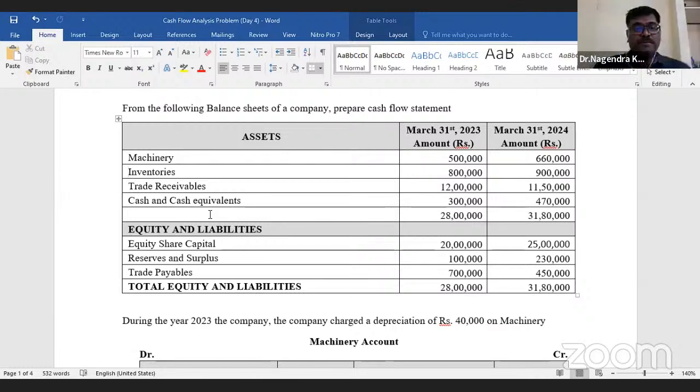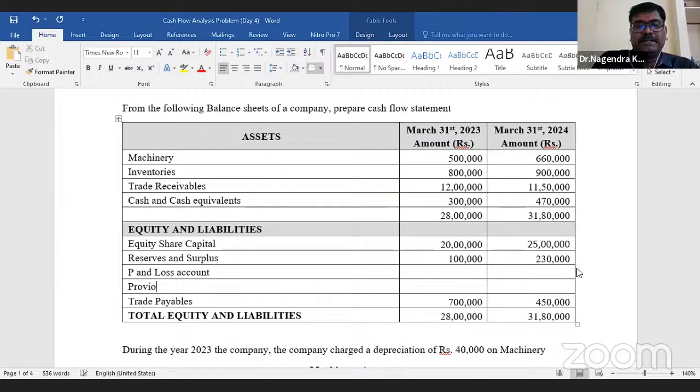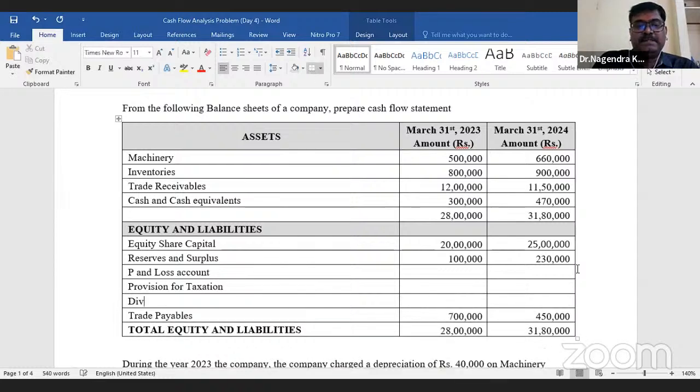If it were given, say for example, the profit and loss account balance, provision for depreciation, provision for taxation, and proposed dividends are given, in this case, if for example it is 1,000, I am just telling it as an example to understand, 1,000 and some 3,000 and some 4,000 and some 3,000.